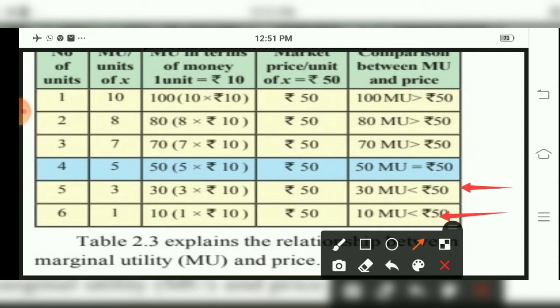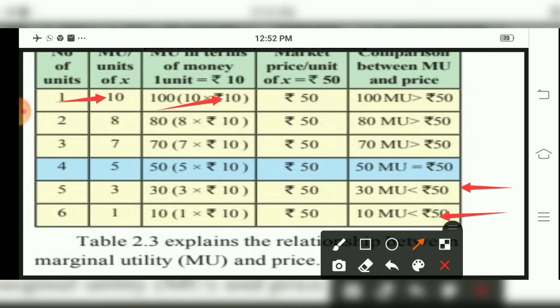These we are studying regarding the relationship between MU and price, where up to 6 units of commodity we have taken. They have given an example that the first unit will be MU of 10. Then further we converted that 10 multiplied by rupees 10, that is we have to convert MU into money for measurement of a comparison.